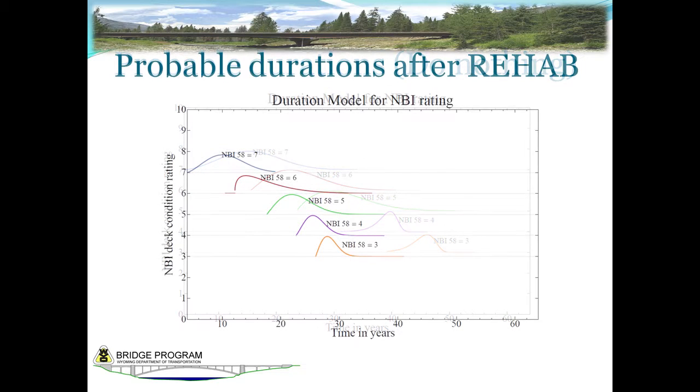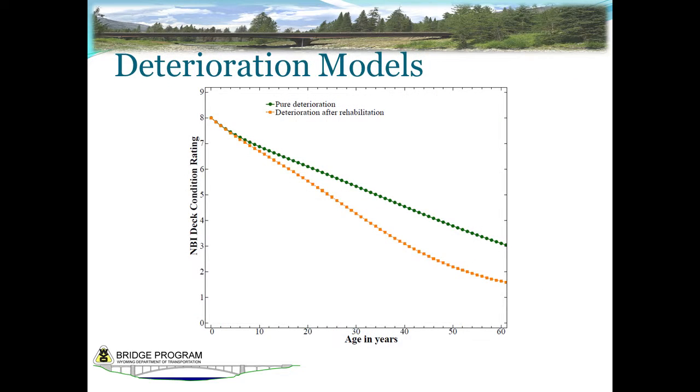And this is the probable duration for the bridge deck with rehabilitation history. As we can see, the duration is reduced significantly. And using these duration models, we can generate Markov chain deterioration model, and this is it. The green line is the pure deterioration without rehabilitation history, and the red line is the deterioration after the rehabilitation.